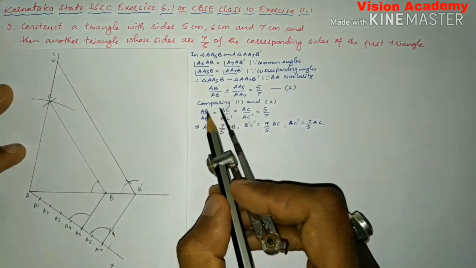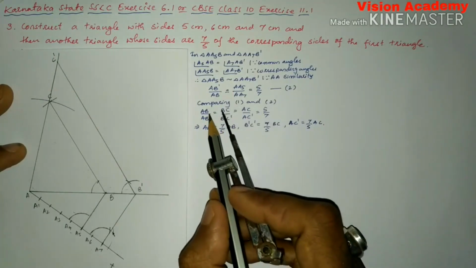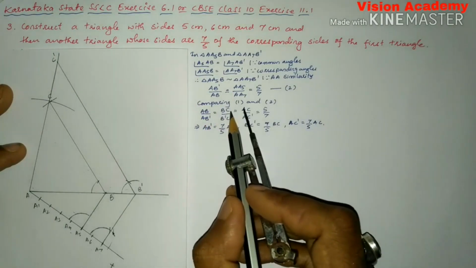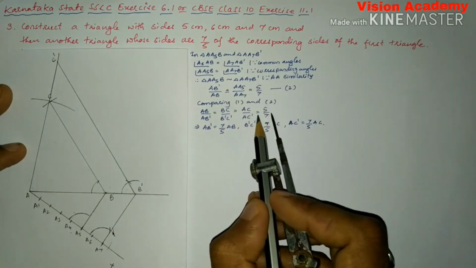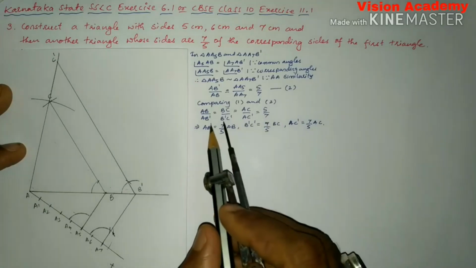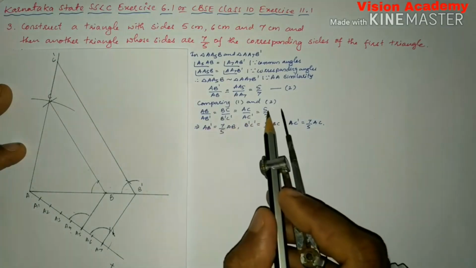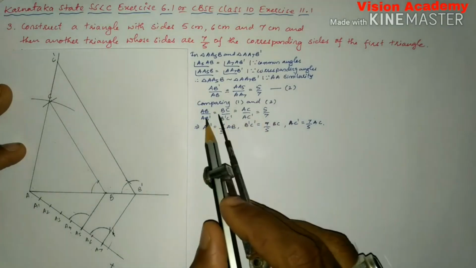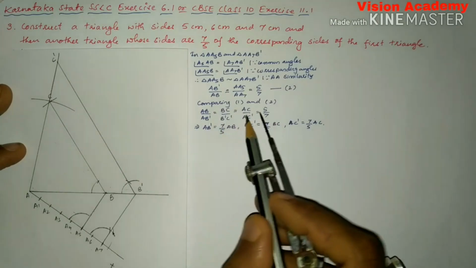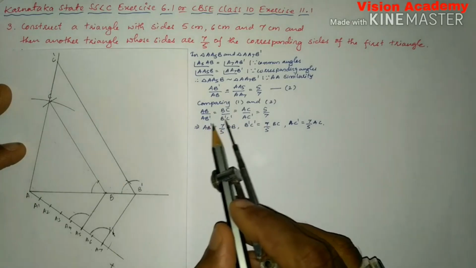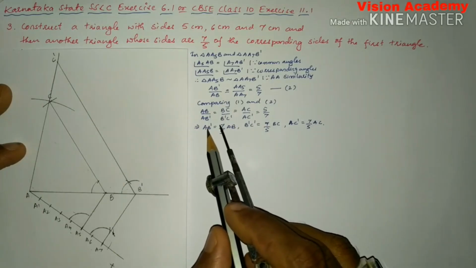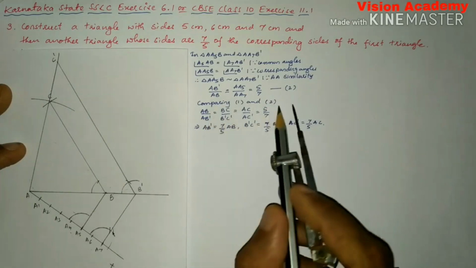So on comparing equations 1 and 2, we can say that AB/AB' = BC/B'C' = AC/AC' = 5/7. Once we transfer this 5/7 from RHS to LHS, it will become 7/5. Here I want to find AB', so AB' will move from LHS to RHS.